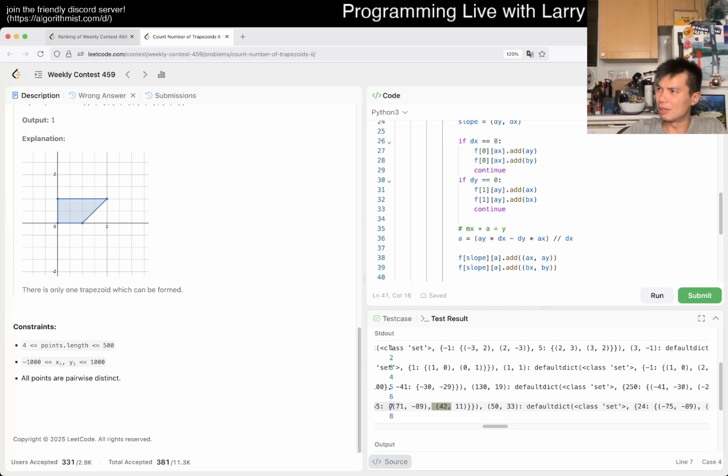45 minutes we could do it, but so for every 2 lines, I have to draw it out. What am I doing? Where's my notebook? So for every 2 points, these 2 points are part of a parallelogram.